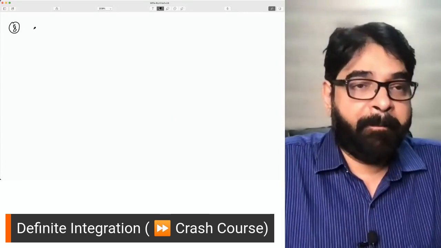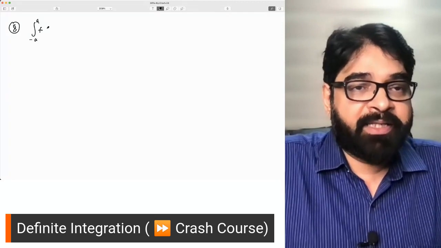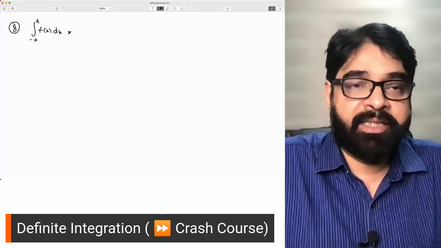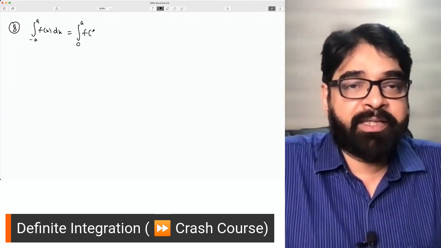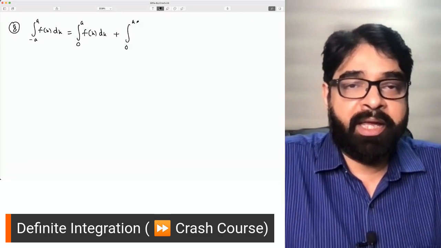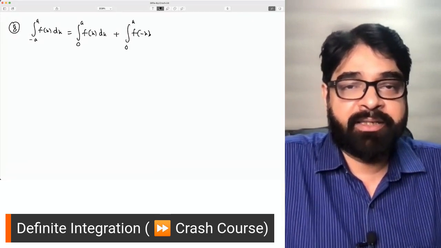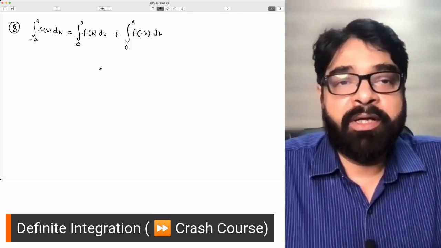8th property. Integral from minus a to a of f(x) dx is equal to integral from 0 to a of f(x) dx plus integral from 0 to a of f(minus x) dx. Understood my point?